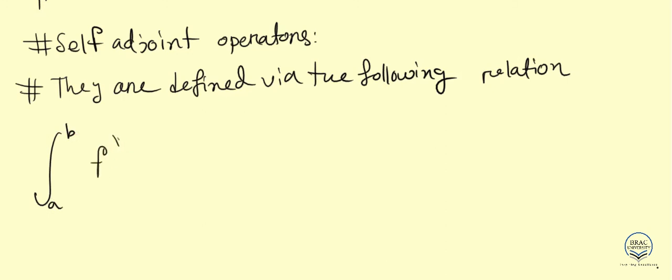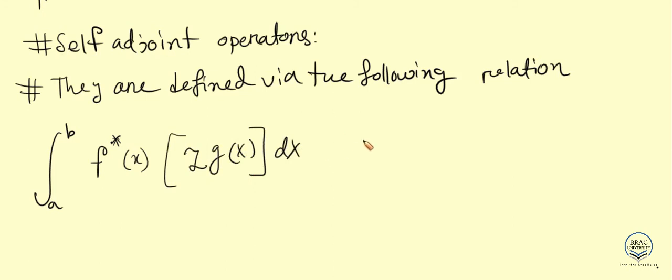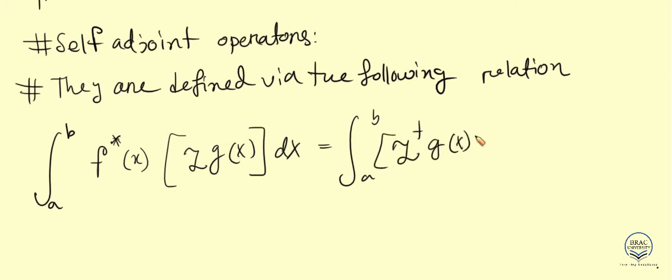So this f star x and this L operator acting on g of x, integrated with respect to x from a to b, will give me L dagger acting on f of x, and this thing will be conjugated as well over here, and finally I'll have g of x dx plus some boundary terms.